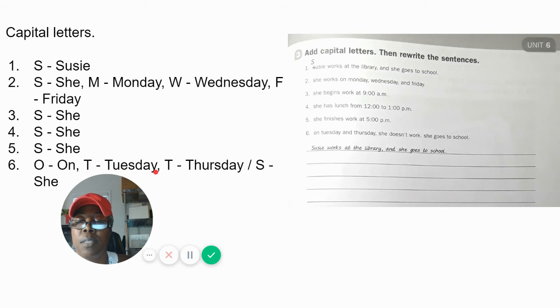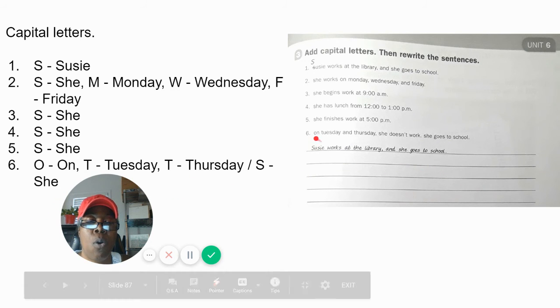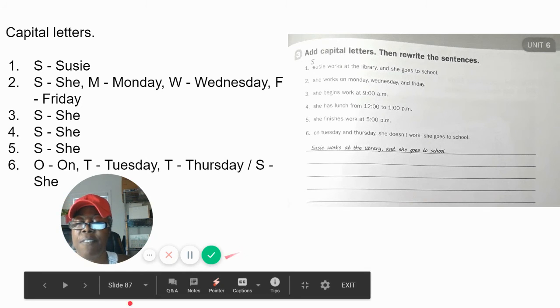On Tuesday and Thursday. And then we have a second sentence over here. She goes to school. So we need that S in she capitalized. So the O, the T, and this S in she. All right? That's the top of page 75.